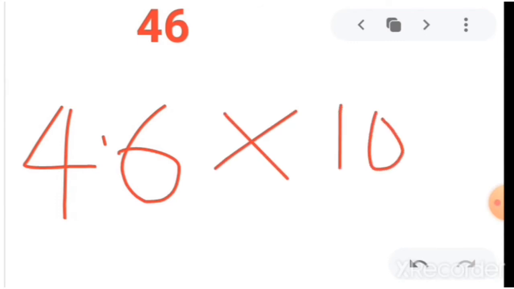How do we know the number of places the decimal point has moved? From here going to the left, we have 1 place. So the power of 10 is 1. So to write 46 in standard form, we write 4.6 times 10 raised to the power 1. 10 raised to the power 1 is 10, and 4.6 times 10 will give us 46.